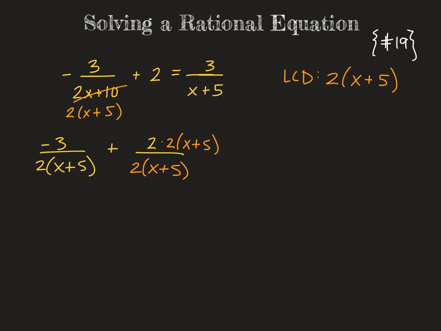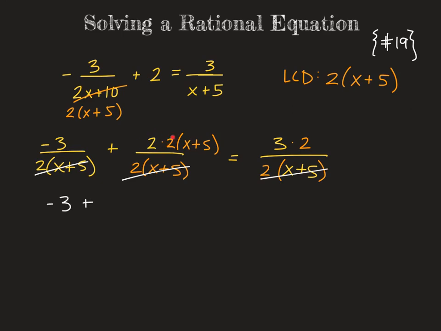Finally, our last fraction only has x plus 5 in the denominator, so we need to multiply that by a 2 to make it look like our LCD, so we need to multiply the numerator also by a 2. Okay, now that our denominators all are the same, we can be rid of them. So what we're left with here is a negative 3.